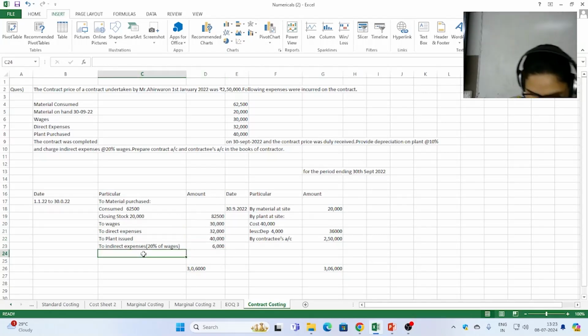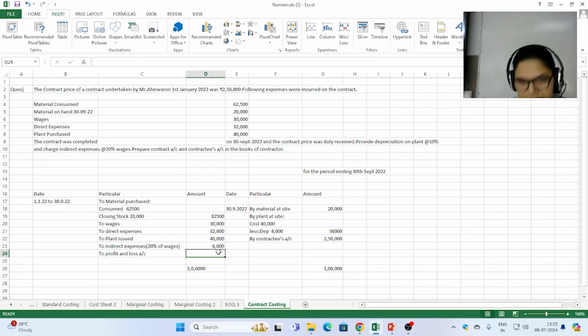Then we will arrive at a profit and loss account, which is 1,15,500.